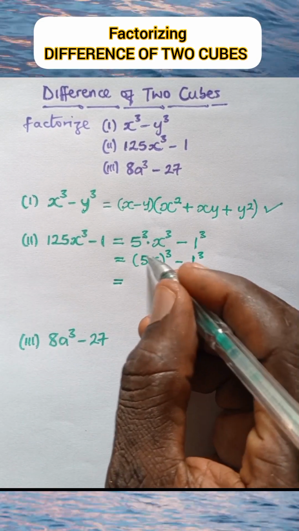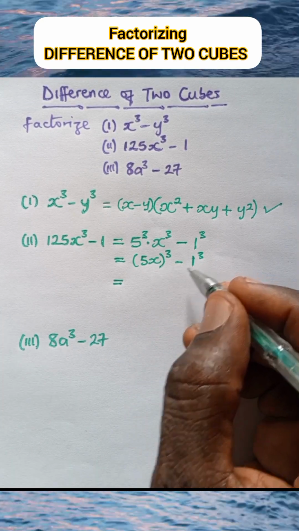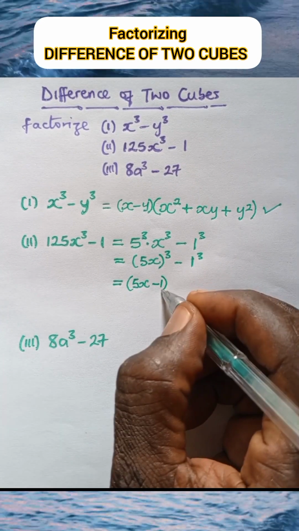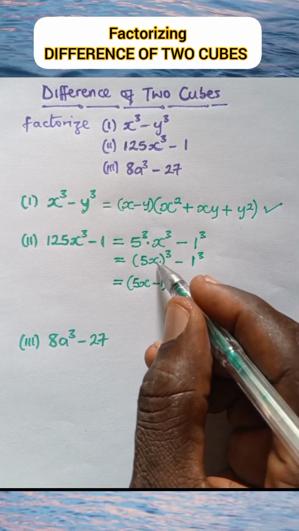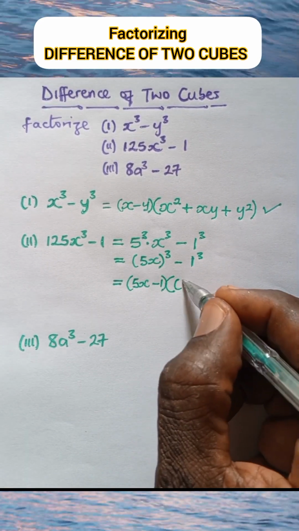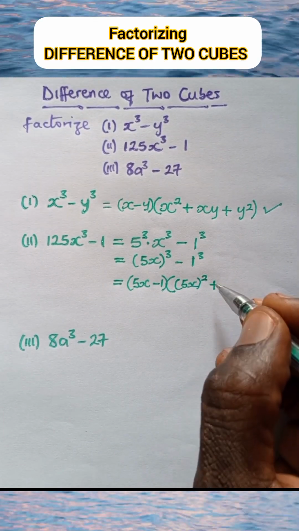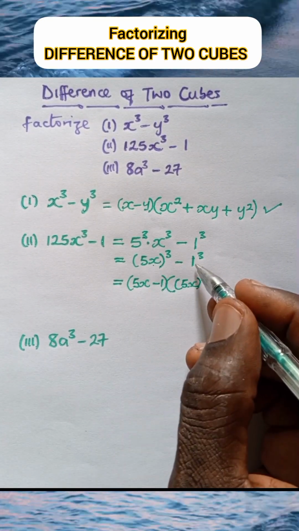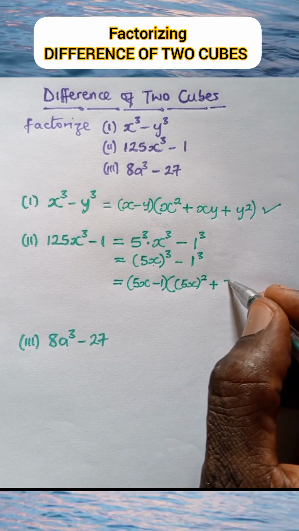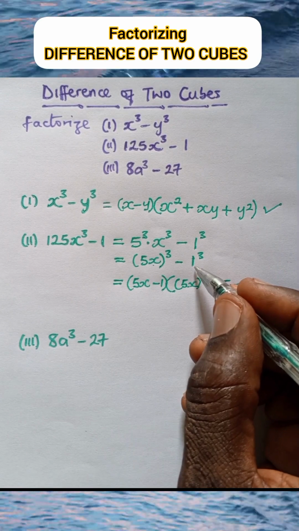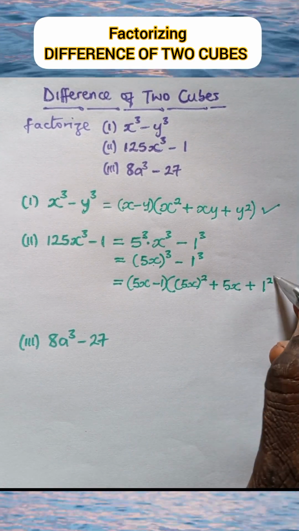We have the first term minus the second term in one bracket, that is 5x minus 1 in one bracket, and then the square of the base of the first term, which is 5x square, plus the product of the two bases, which is 5x multiply 1, which is the same thing as 5x, plus the square of the base of the second term, which is 1 square.